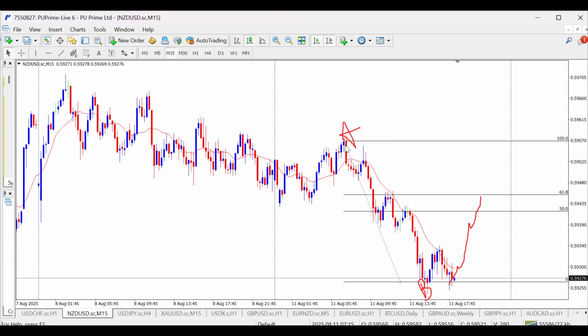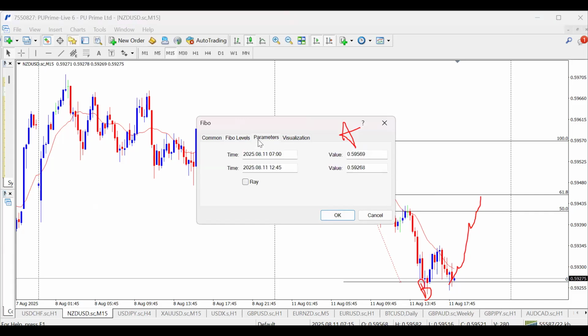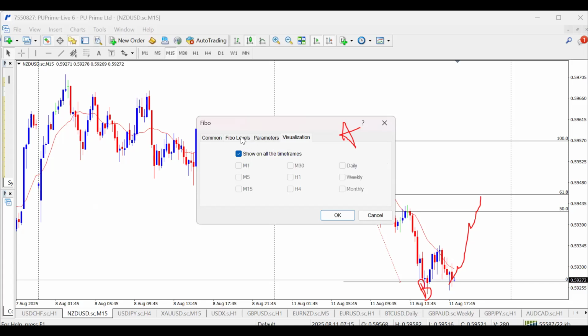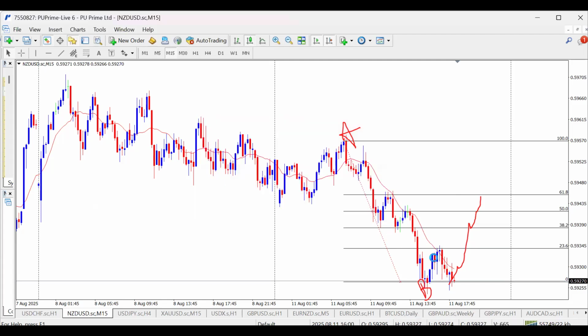Okay, just a minute. I want to edit it. Sorry, I have to do it like this. 0.236. Yeah, but they are in percentiles, 382. So you can see now the levels are complete here.